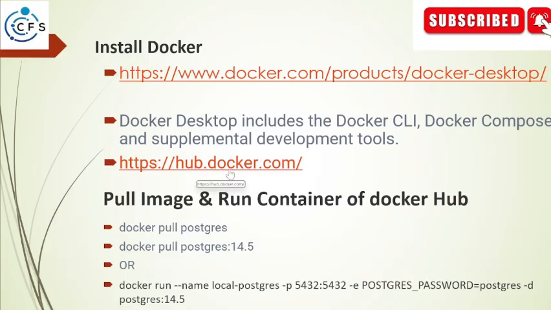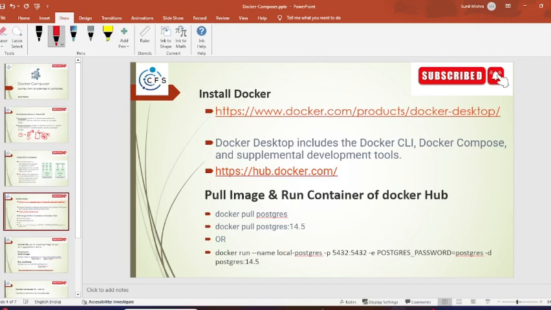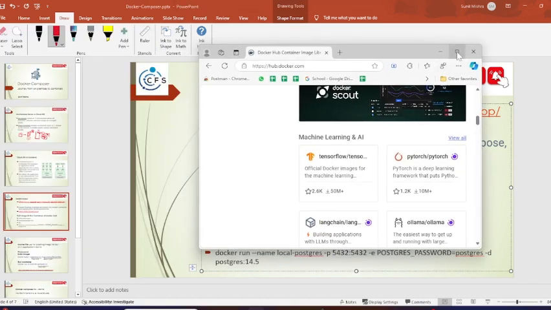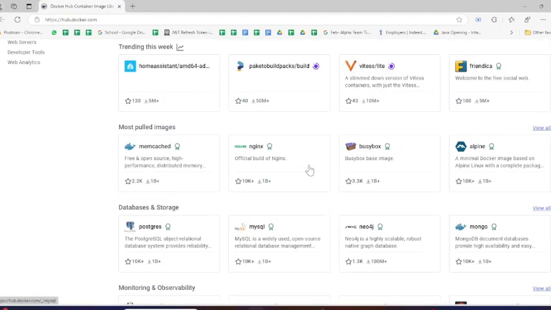So next we have this link, that is hub.docker.com. If you just copy paste this link, I will provide it in the description section. So this is hub.docker.com.